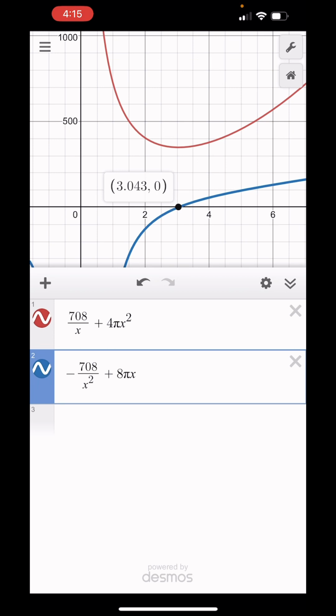Think about the difference here. The red curve is the original function, but the blue curve is the derivative, which gives you the height of that function. The blue function is telling you the slope of the tangent line.